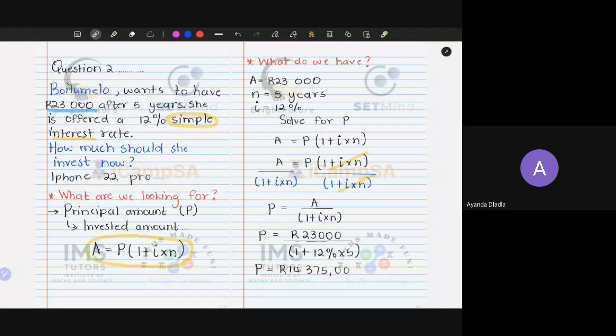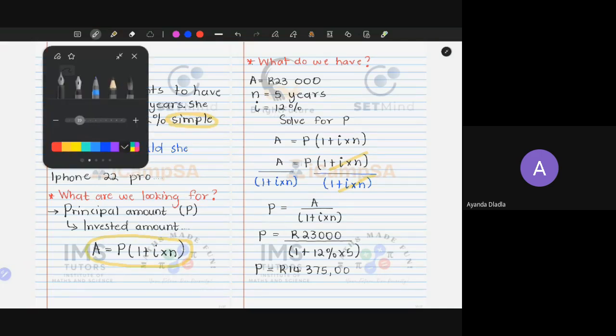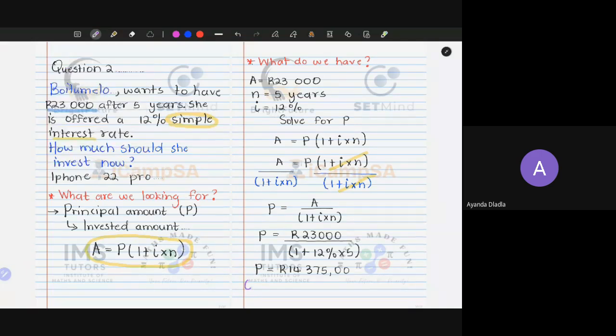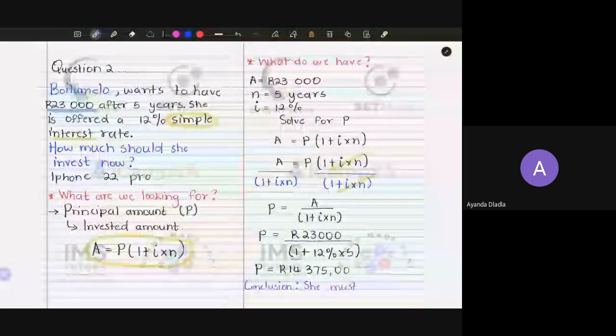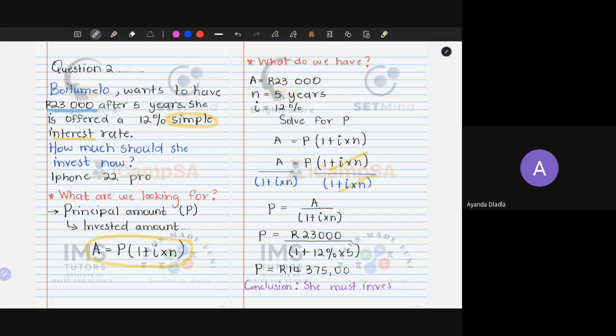And she will say, oh, but I don't have it. And then you can't get your iPhone, sadly. But that is what we say to her, that in conclusion, she must invest that amount, which is 14,375 rands. That is the amount that she needs to make sure that she has.